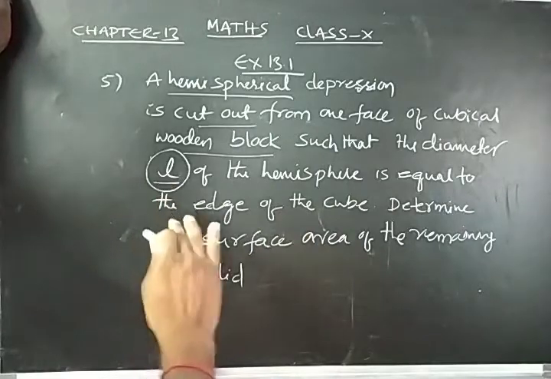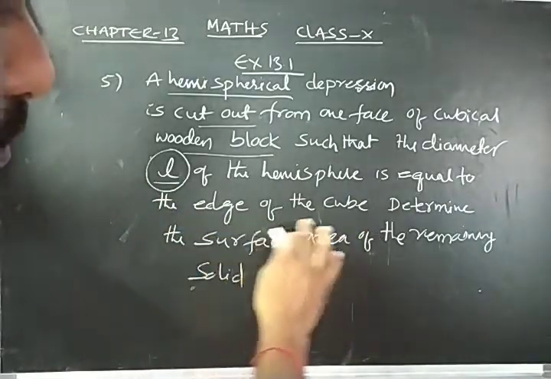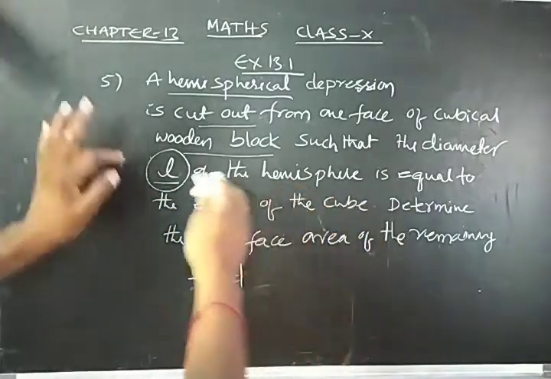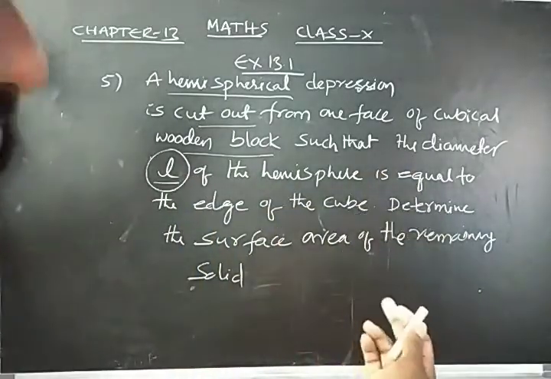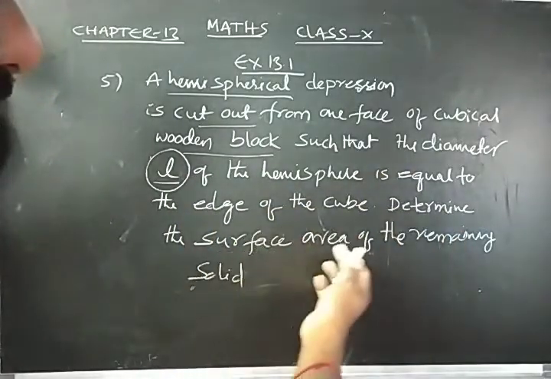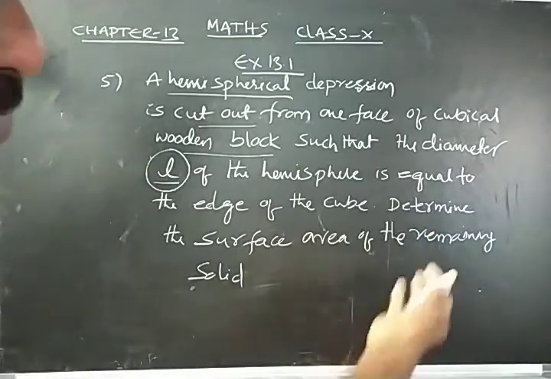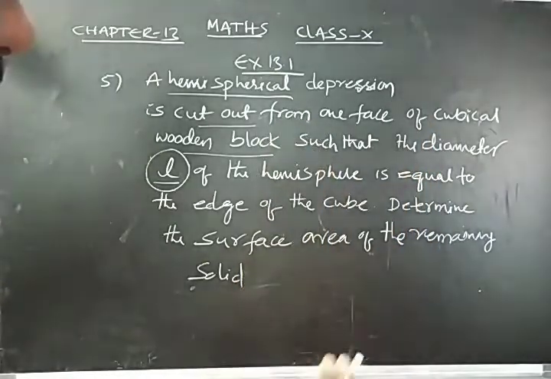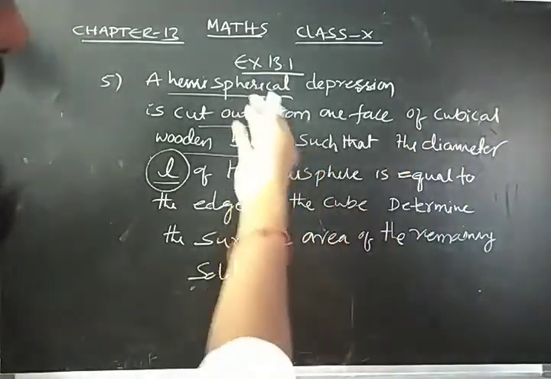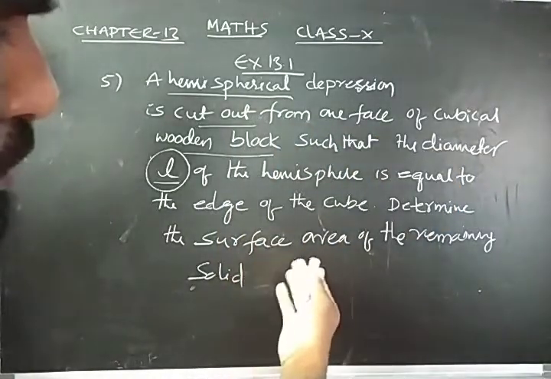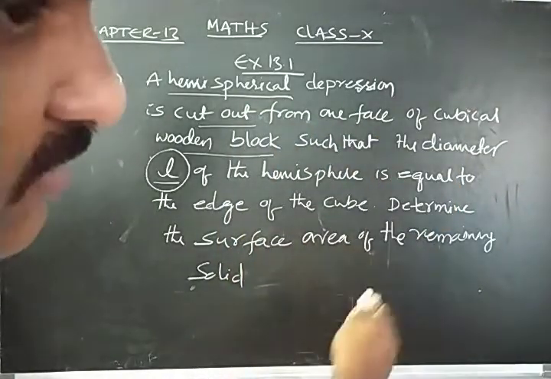So the length of the edge of the cube is equal to the diameter of the hemisphere. Determine the surface area after removing the hemisphere from the cubical block. We have to find the total surface area of the remaining solid.